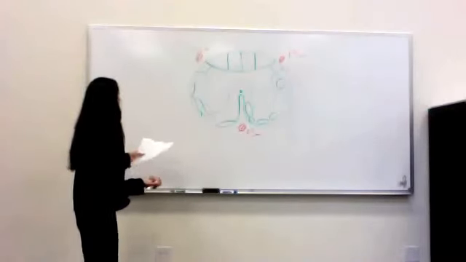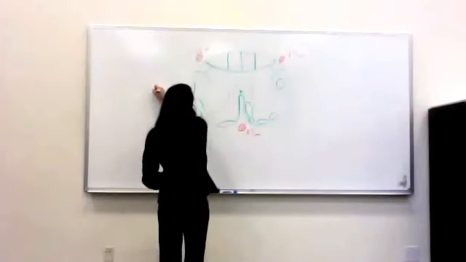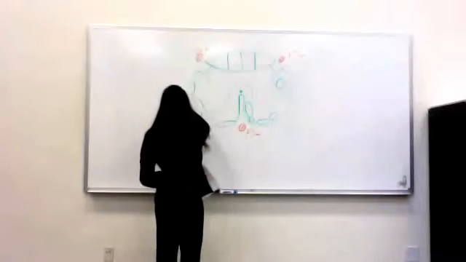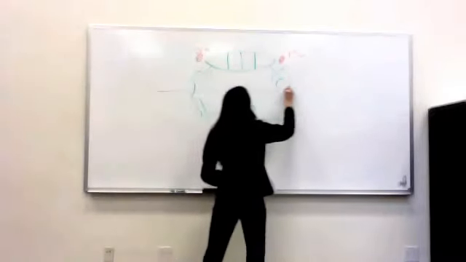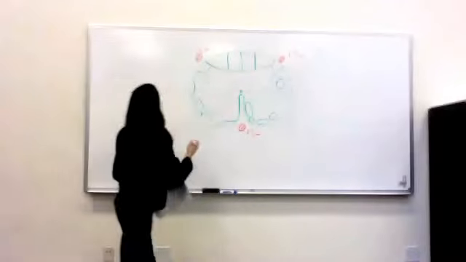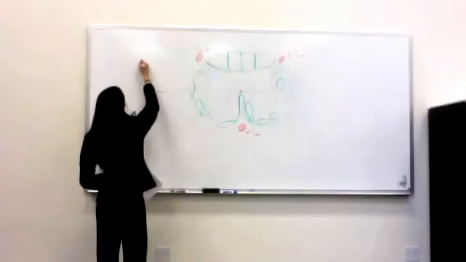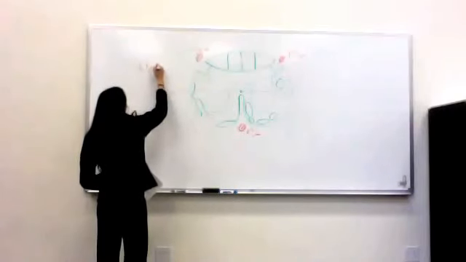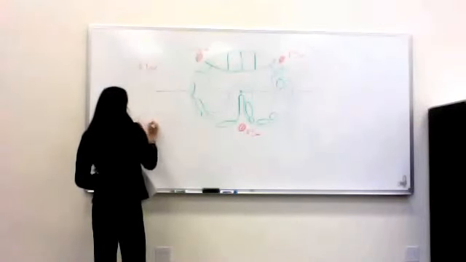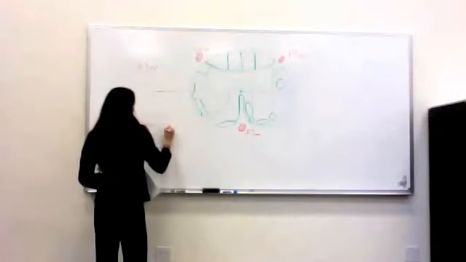Okay. Looking at it, if you cut the cord, this is a cross-section of the cord. You have the posterior side and the anterior side. Your posterior side is known as the alar, and the anterior is known as the basilar.